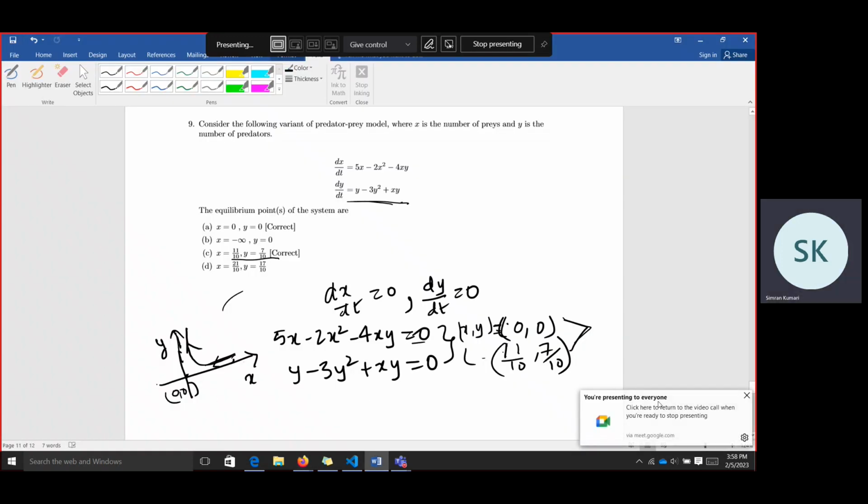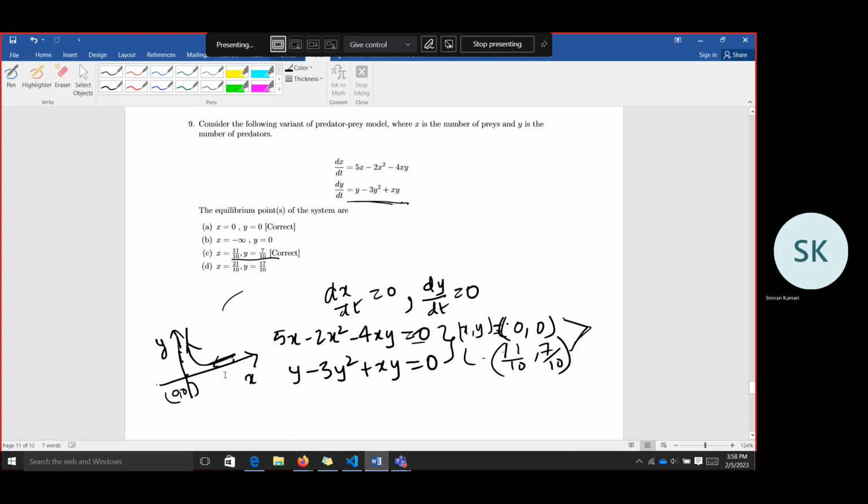Whatever value you take near this equilibrium point, near 0, 0, if you say that this one is increasing, it's like this.